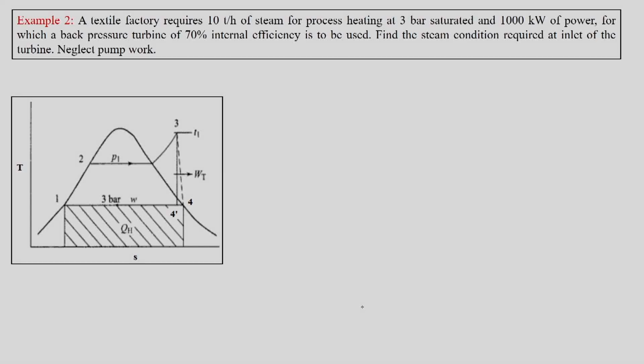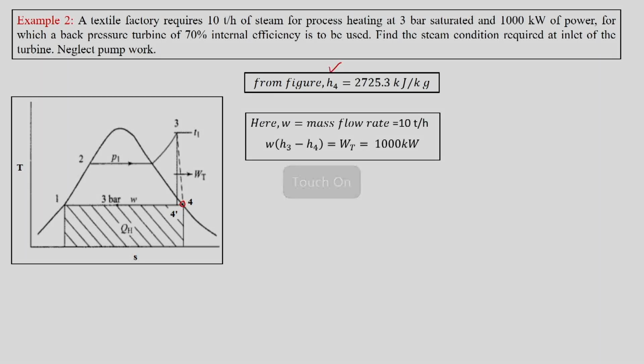So, let us see how we are going to solve this example. We know that H4 is at saturation condition, and that is at 3 bar. So, at 3 bar we can find out the saturated steam enthalpy, and that is H4. And we are told that turbine work is 1000 kilowatt, and that is equal to mass flow rate of steam into change in enthalpy of the turbine.